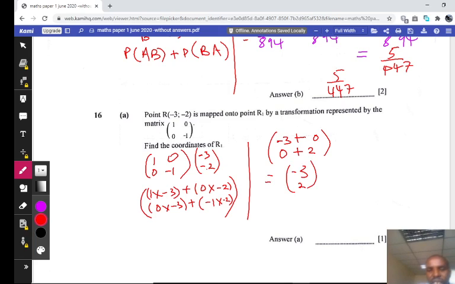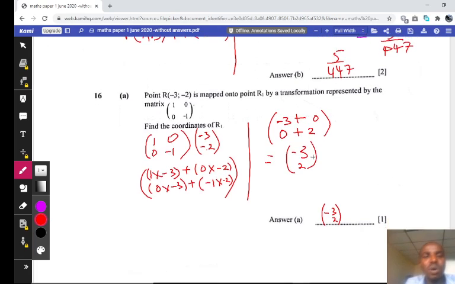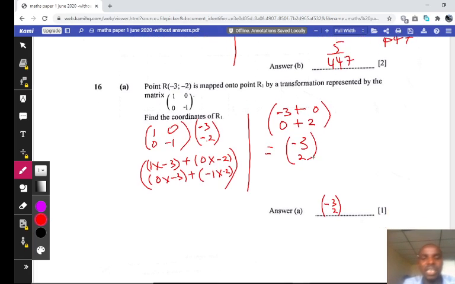So these are the coordinates of R1, the image of point R under a stretch in the y-axis with the x-axis invariant. The other way is to use the stretch factor of minus 1.